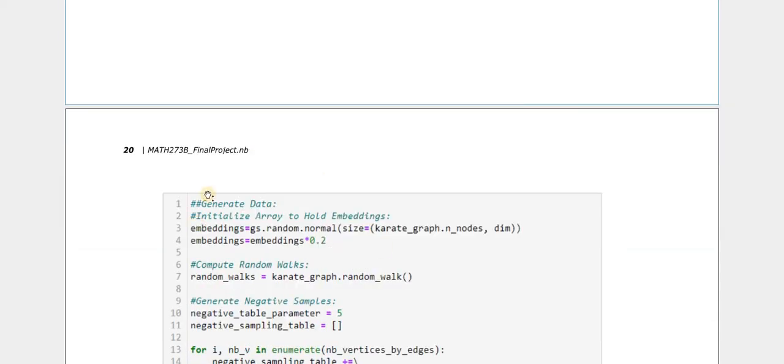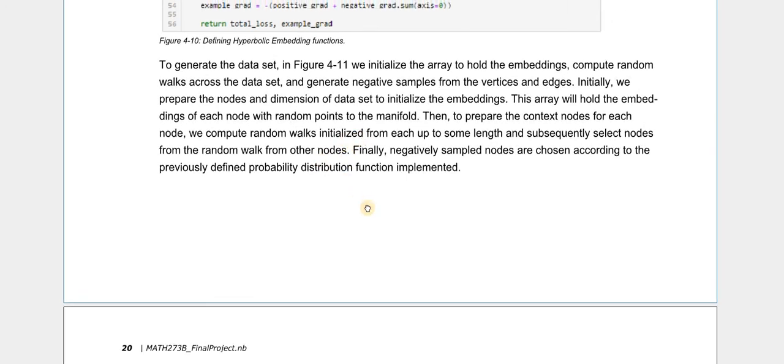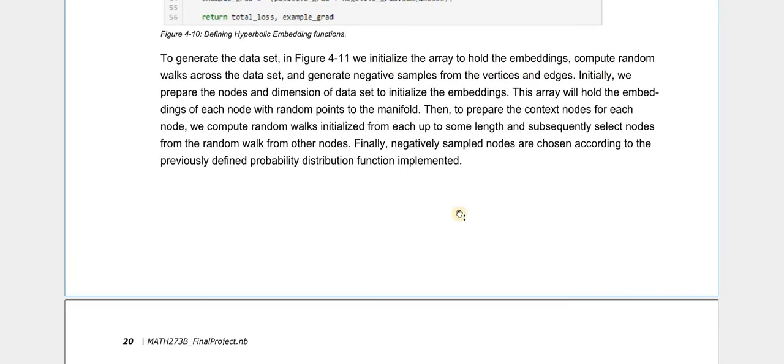So how I'm performing this data generation is we first initialize the array to hold the embeddings. The embeddings are the shape of our data on the manifold, and then we compute the random walks. So this array will have each node with random points in the manifold. Then to prepare the context nodes for each node, we compute random walks.